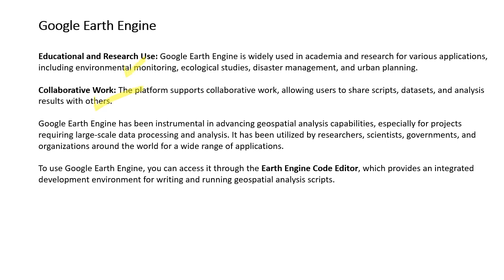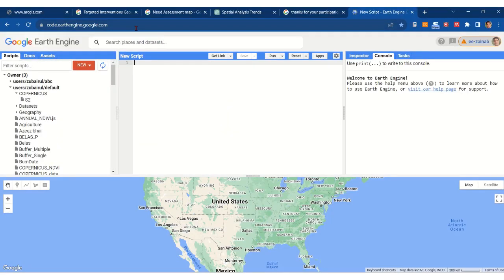You can go for collaborative work, and for that you have to use the Earth Engine code editor. Let me show you something related to the Earth Engine code editor. You go to earthengine.google.com.